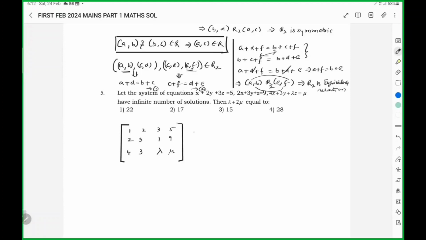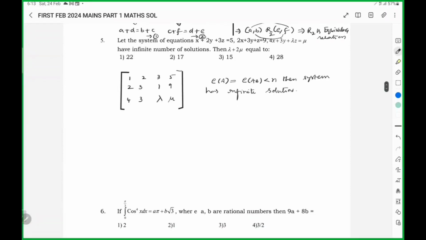After converting to echelon form, if rank of A is equal to rank of the augmented matrix, which is less than n, then the system has infinite solutions. He told infinite. Let us convert first to echelon form.